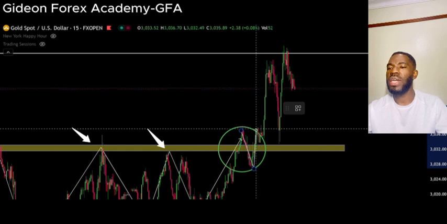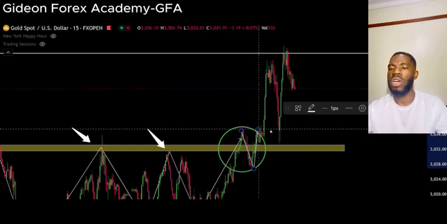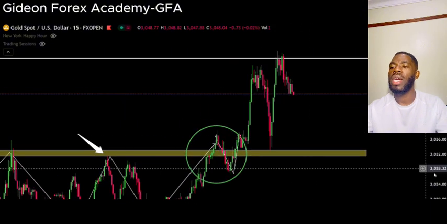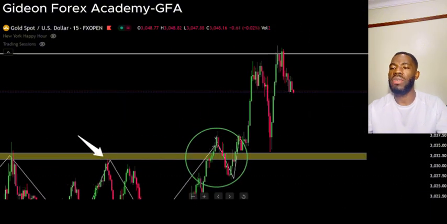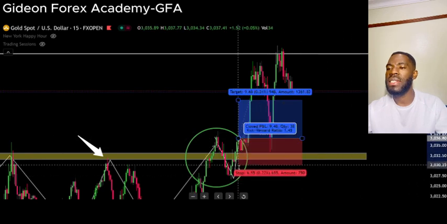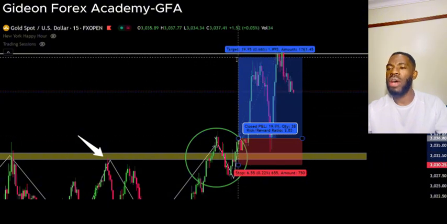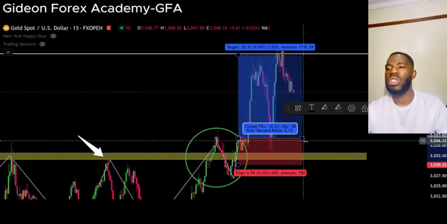If you did not take advantage of this, you really missed out because it was really straightforward. You just go to your lower time frames and place a buy after these three white soldiers. As you can see, one candle, second candle, third candle, you'd place your buy and target the all-time highs. That is 3,057, and that would have given you a 1 to 3 risk to reward ratio, easy.